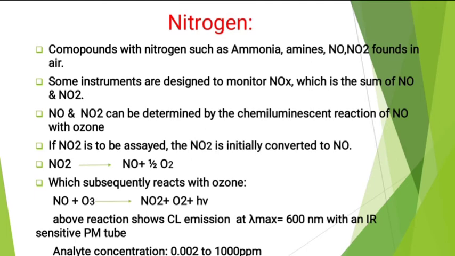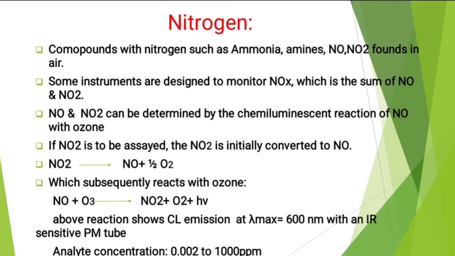Of the above two reactions, this one is reaction 1 and this is reaction 2. The above reaction shows chemiluminescence emission at a maximum wavelength of 600 nanometer with an IR sensitive photomultiplier tube. Already I have told you the IR sensitive photomultiplier tube works in the region 600 nanometer and plus.